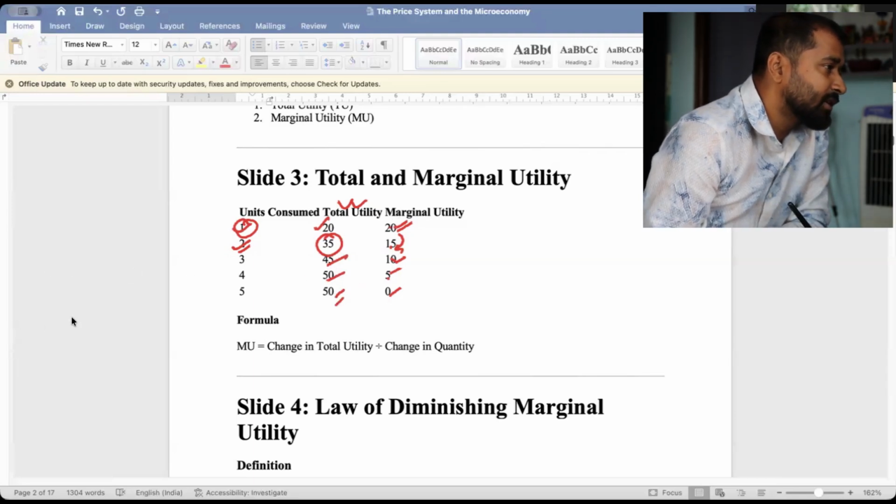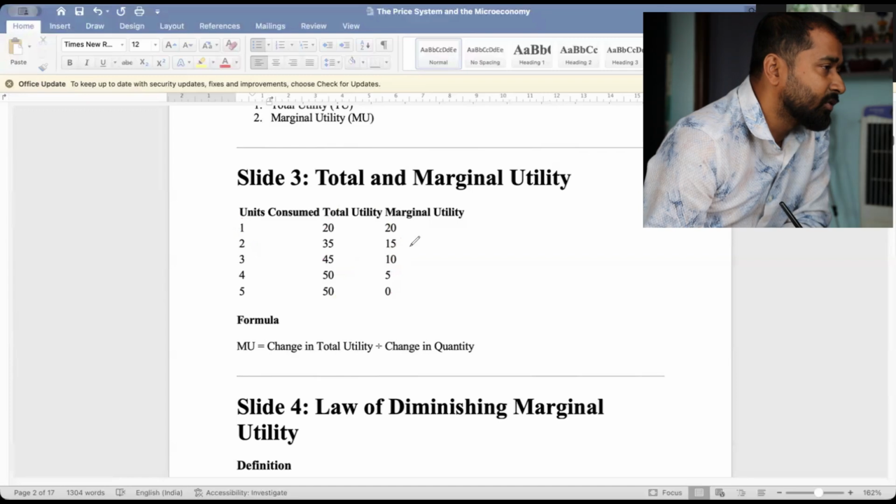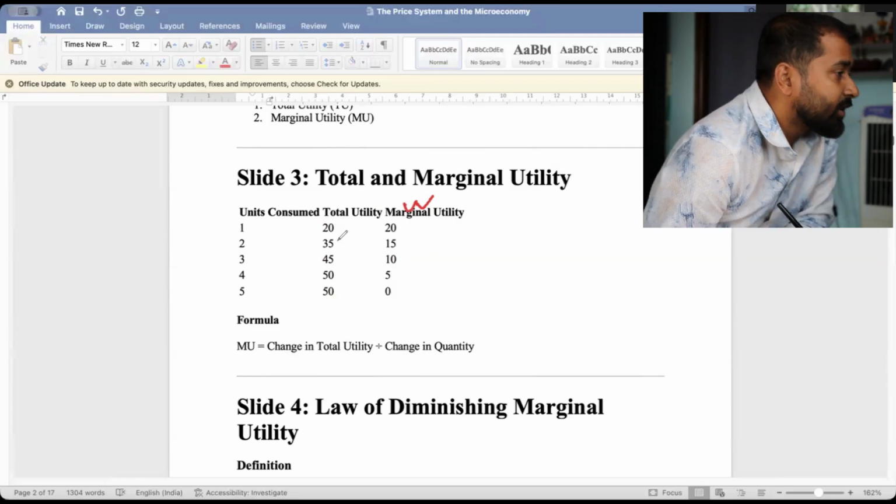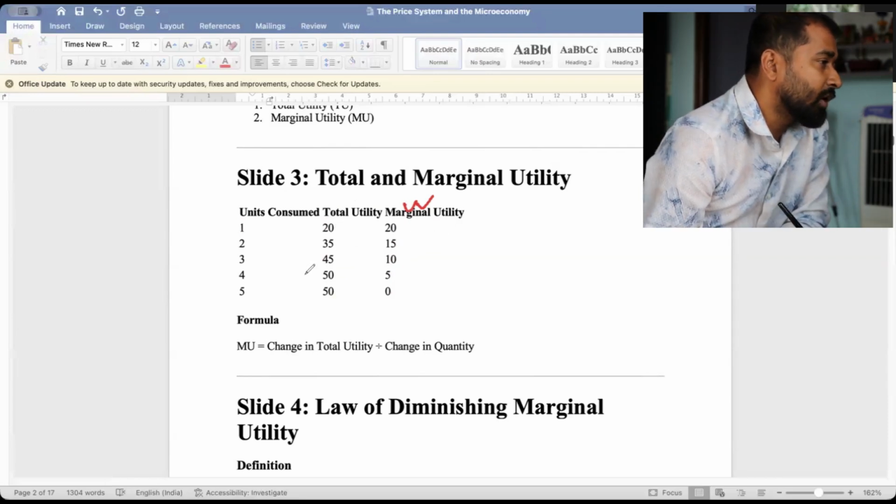The total utility is the sum total of marginal utility. And when the total utility changes due to one more or one less unit purchased, that is known as the marginal utility. One more time: marginal utility is the change in total utility due to one more or one less consumption.